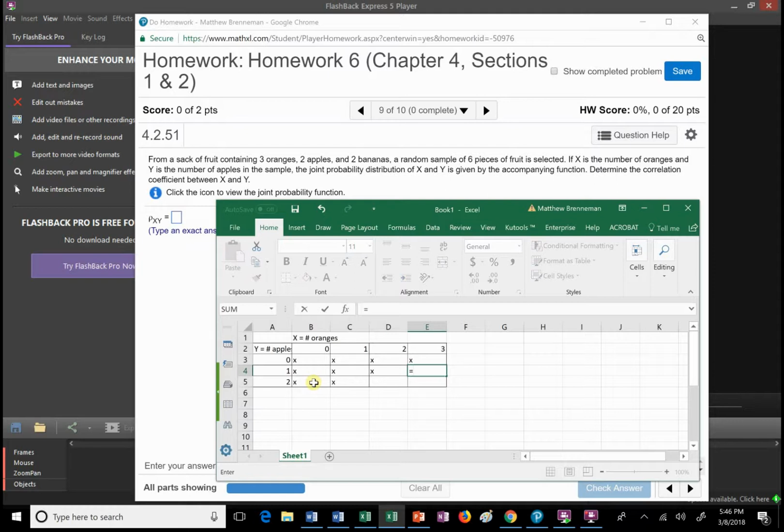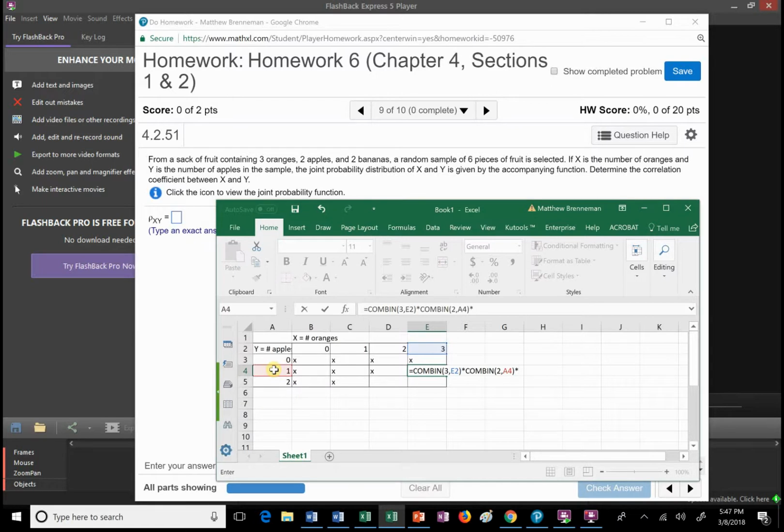So this is going to be equal to combination, okay? And the number that we have here is 3 choose 3 times, and we have 2 apples, and we're going to choose 1 from that, times, and now we've chosen 4, so we have to choose both bananas.